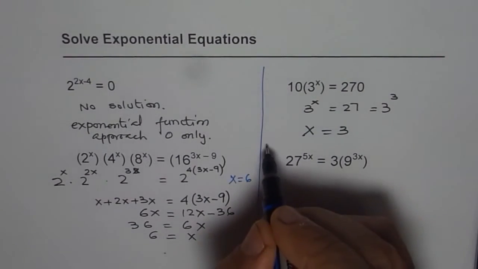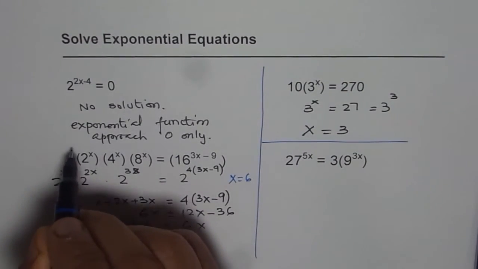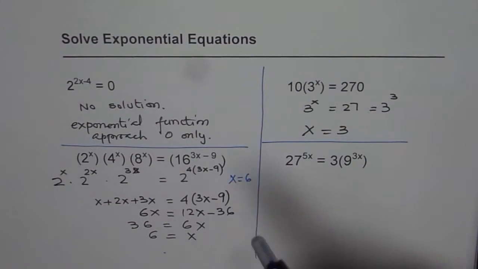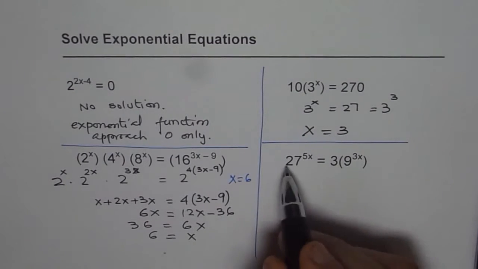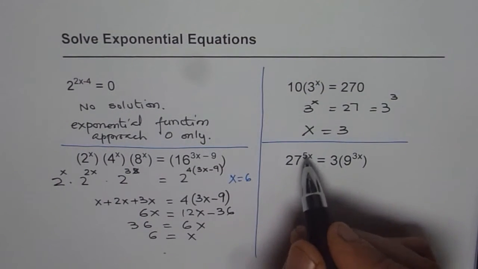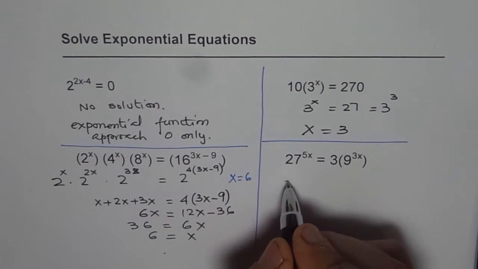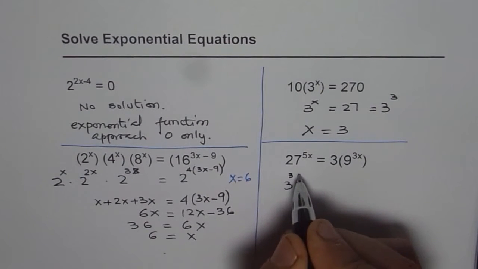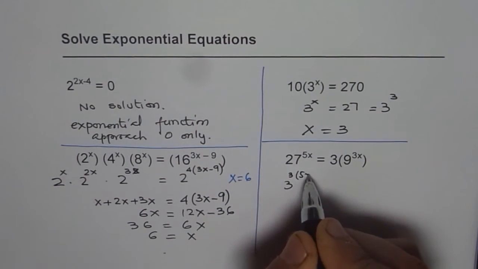The last one here is, let me just make lines here so that we can clearly see what the questions are. So the strategy is, write them as powers of 3, right? 3 to the power of 3 is 27, so we write 3 to the power of 3, and then that gets multiplied by 5x, correct?